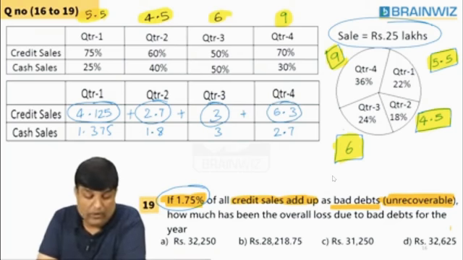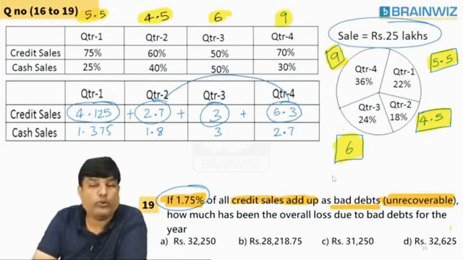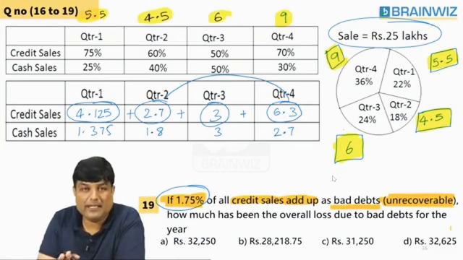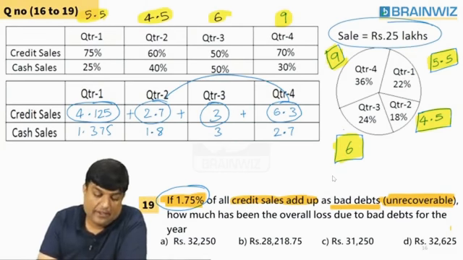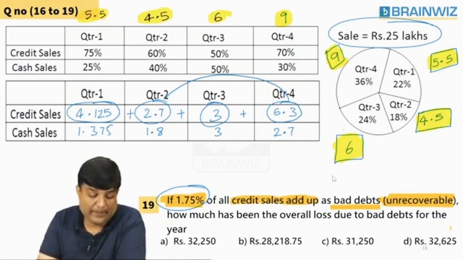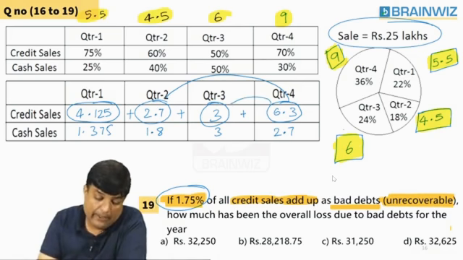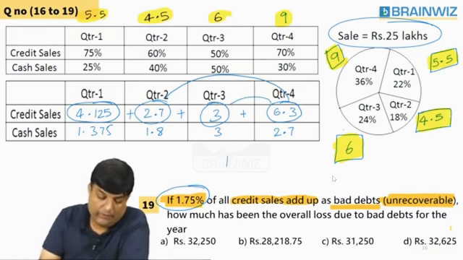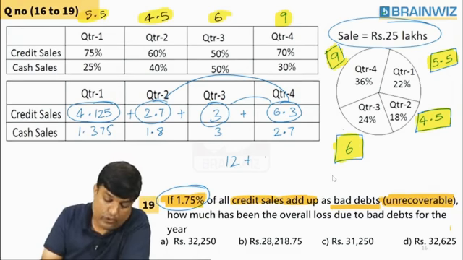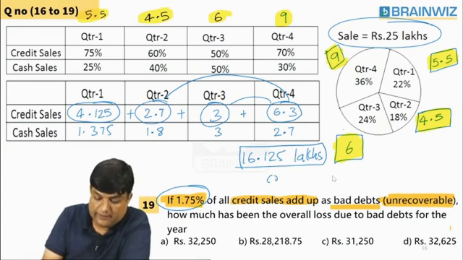So we are supposed to add all that. 6.3 plus 2.7, I know math calculation, that is 9. 9 plus 3 is what? 12. 12 lakhs plus 4.125 means, guys, 16.125 lakhs is on credit.